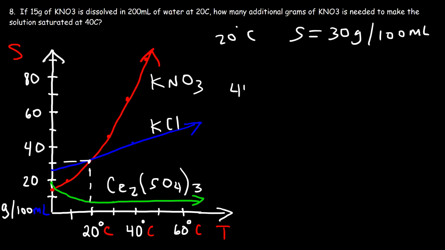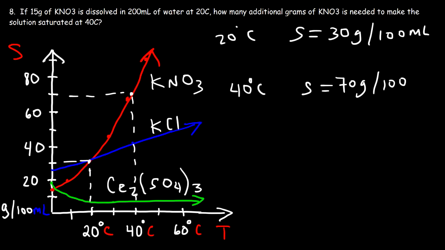Now at 40 degrees Celsius, the solubility is much higher. So it's about 70. So it's 70 grams per 100 milliliters. Now the volume is 200 milliliters. That's how much we have in whatever the container is, either a beaker or something.